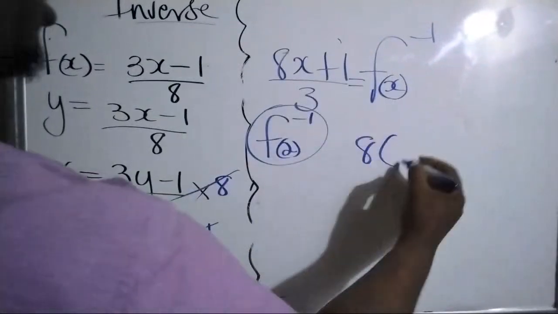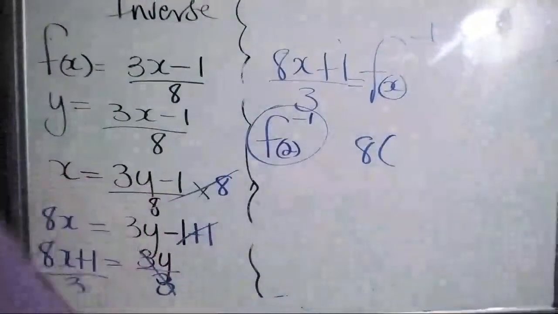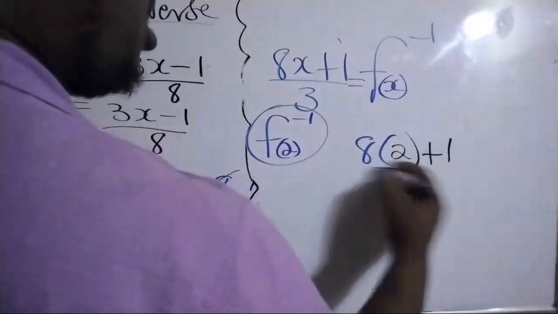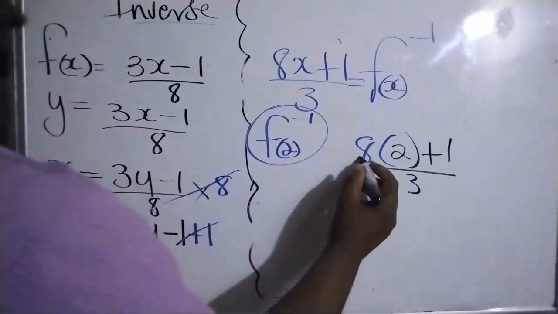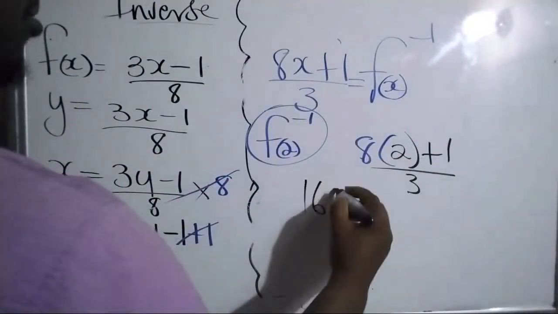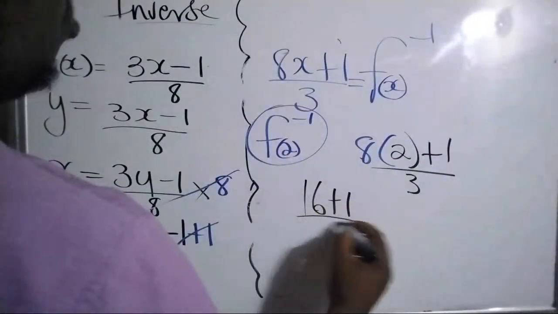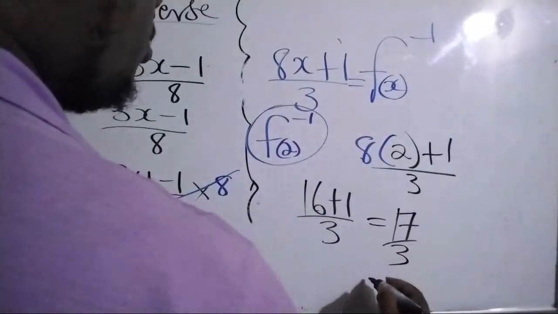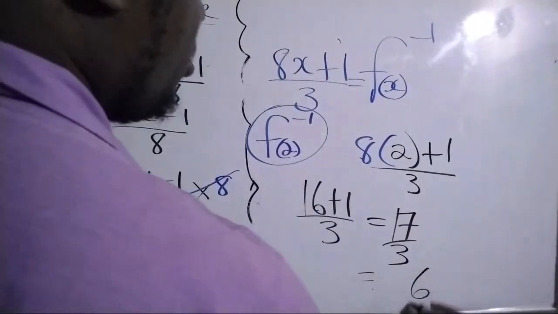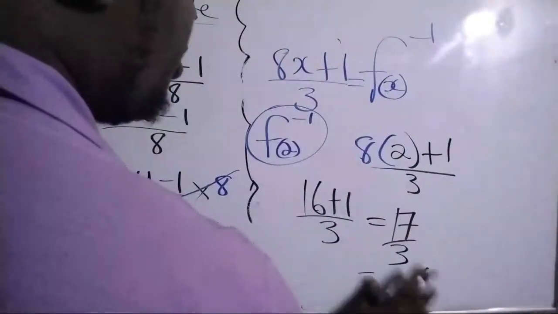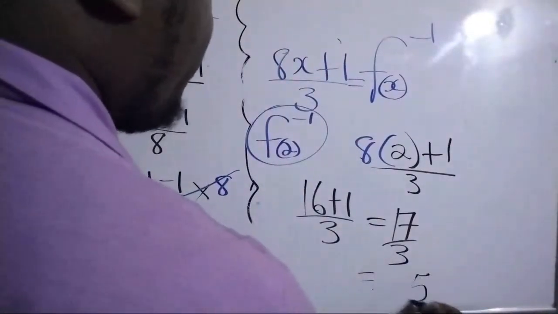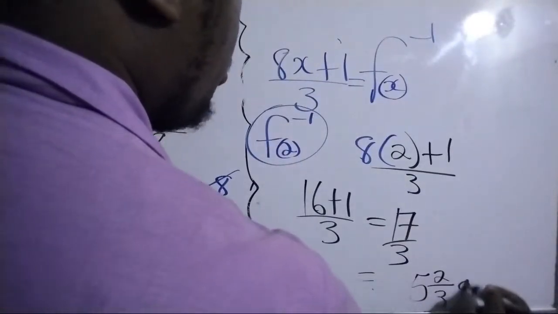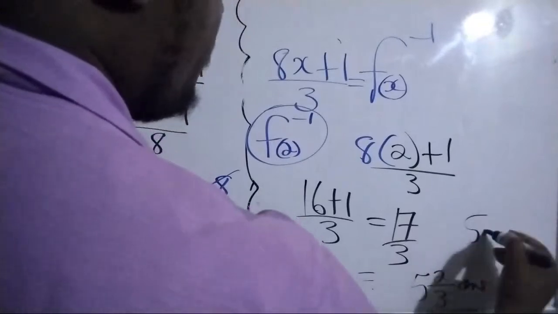So it will be 8 bracket 2 plus 1 divided by 3. 8 twos are 16 plus 1, so that will give us 17 over 3. 3 sixes are 18, we don't reach 18, so 5. 3 fives are 15. And 2 over 3, that would be our answer. If you love decimal, 5.66.